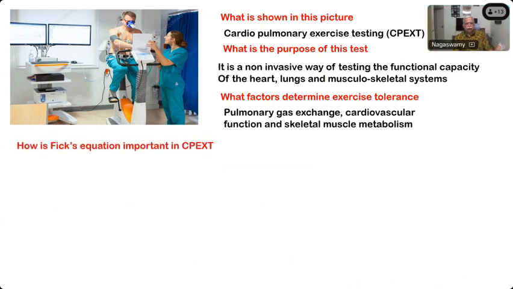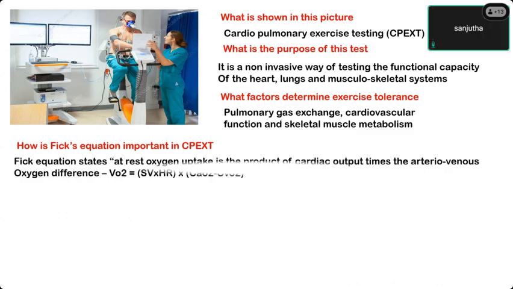So, how is Fick equation important in cardiopulmonary exercise testing? First of all, what is Fick's equation? No idea, sir. Fick equation states that at rest, oxygen uptake is the product of cardiac output times the arteriovenous oxygen difference.